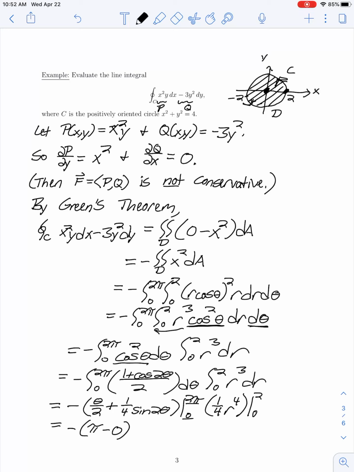So altogether we just have pi from that first term. And then we're multiplying by, if we evaluate the second antiderivative at r equals 2, we have 2 to the 4th, or 16 over 4, which would be 4, minus when we plug in 0 for r, we get 0. So altogether, we're left with -4 pi.